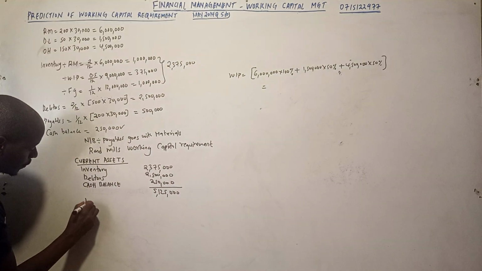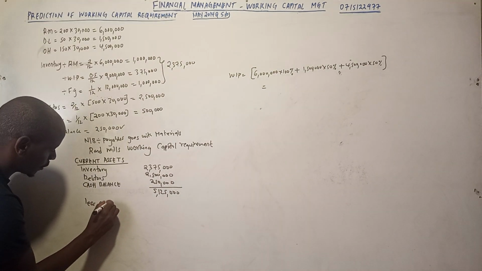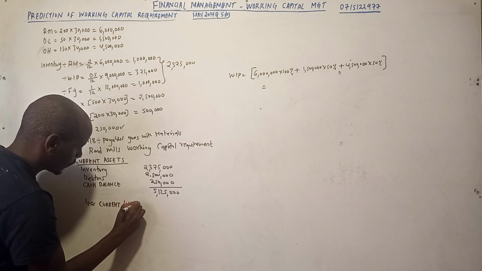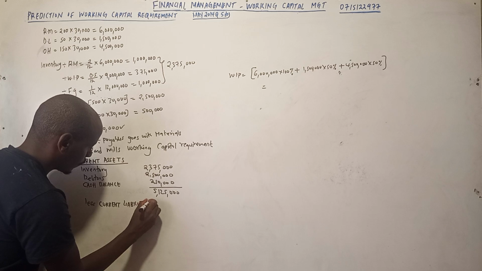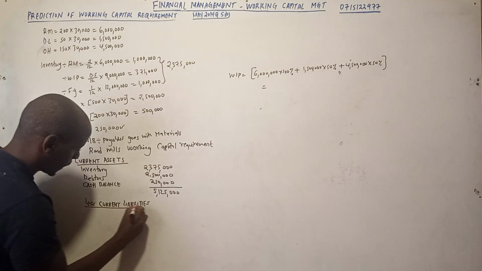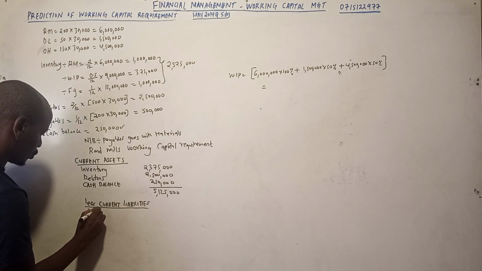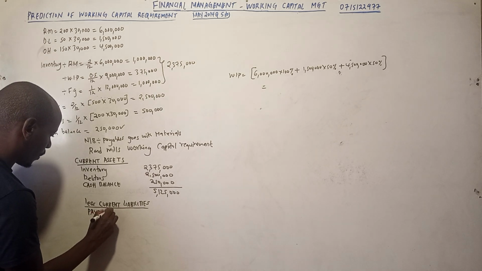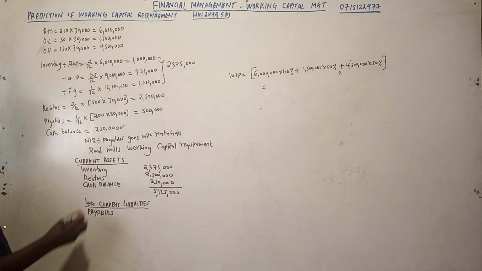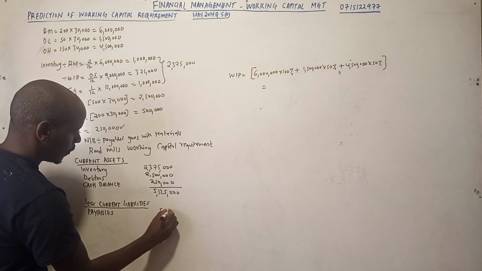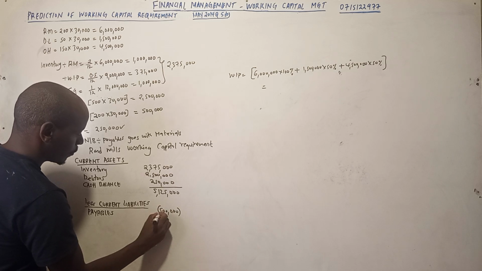Now we can less current liabilities. It is only payables, 500,000.